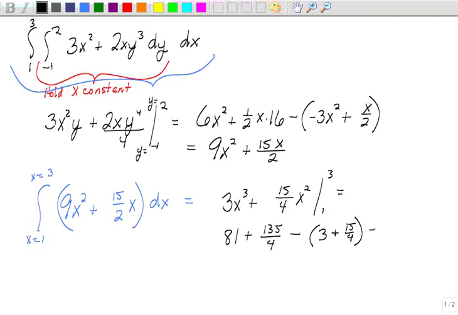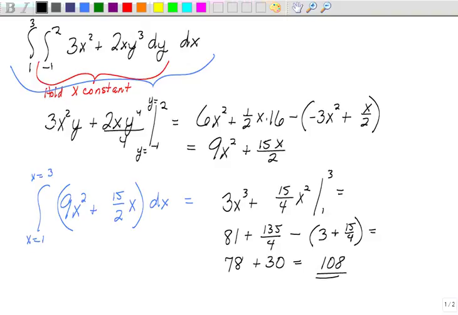Okay, that's going to be 81 minus 3 is 78, plus 120 over 4, so that's 30, so that's 108. Again, you see we get the same answer as long as our function is continuous.